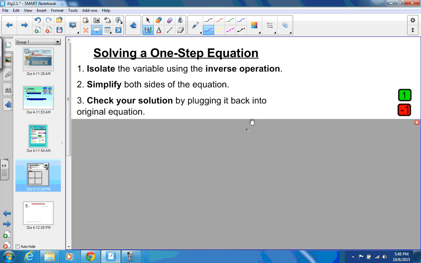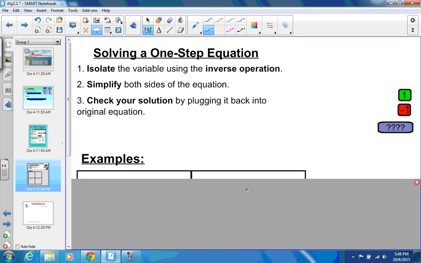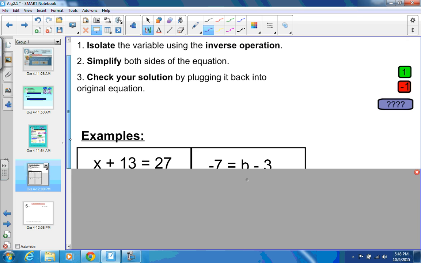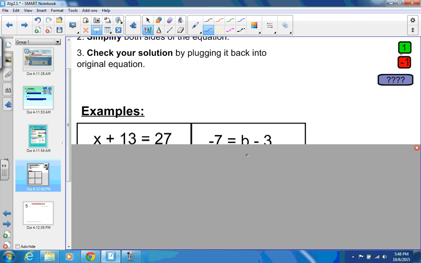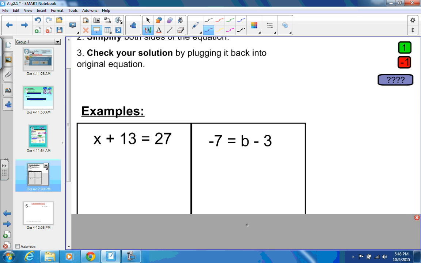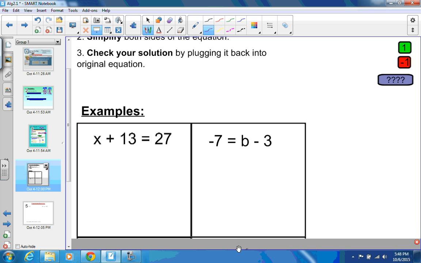What I'm going to do is give you a couple examples using these different steps, and I'm also going to use these blocks over to the right for a couple of them, just to see if you prefer seeing that visual. So we're going to start with x plus 13 equals 27.